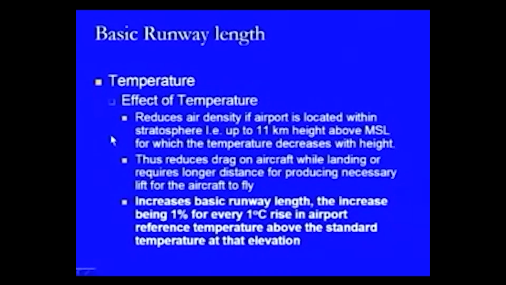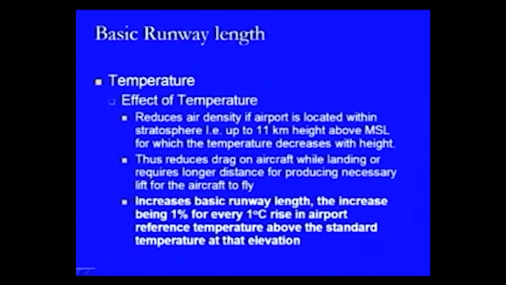Now, what is the effect of temperature that needs to be examined? Temperature reduces the air density, and if the airport is located within the troposphere, that is up to 11 kilometer height above mean sea level, in this sphere the temperature decreases with height.